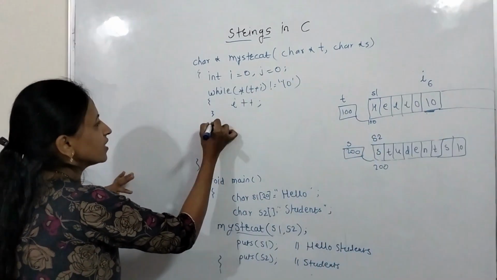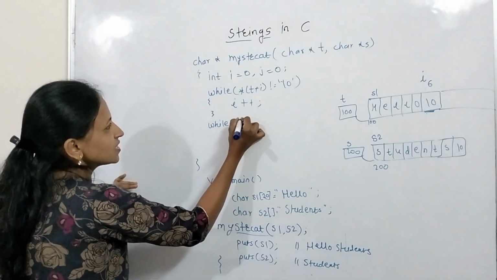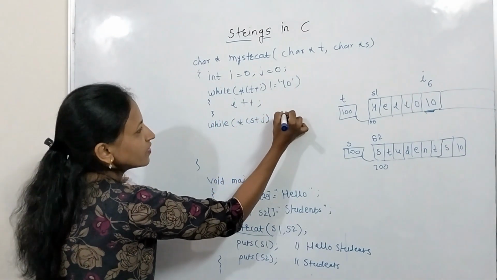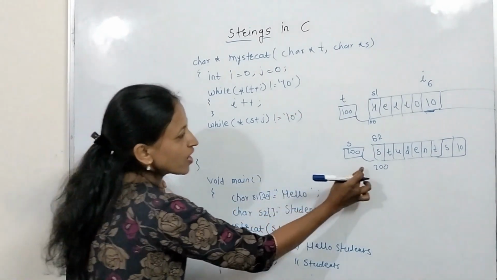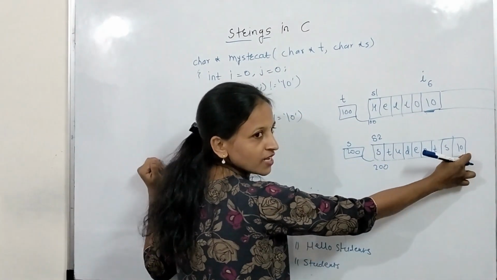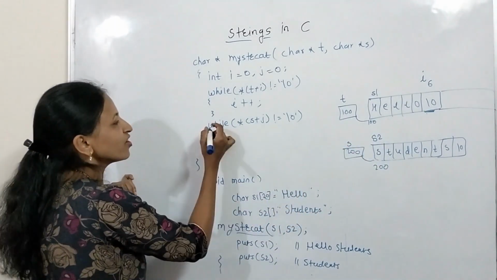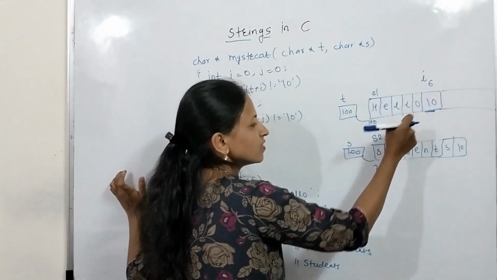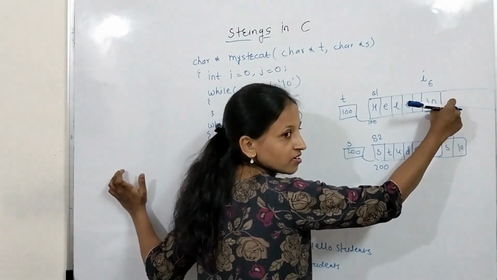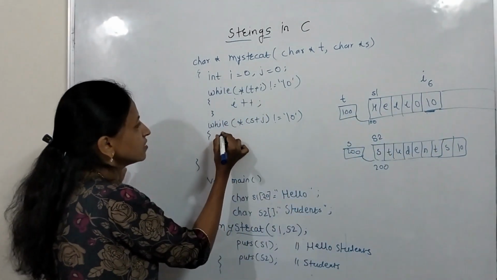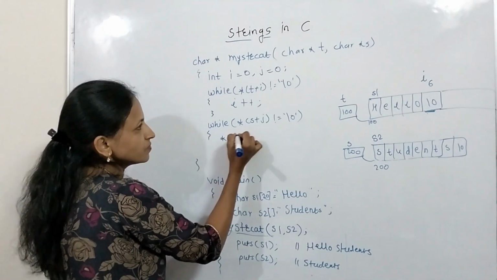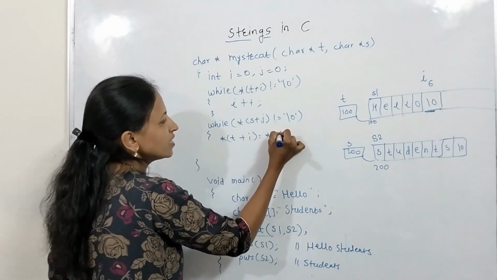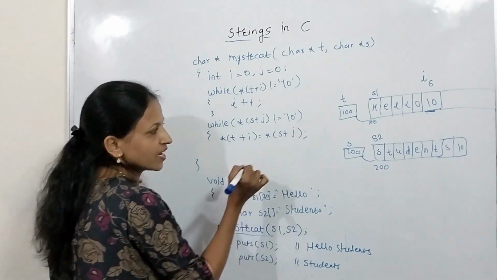See, I will write like this: while *(s+j) not equal to '\0'. Means while this character is not equal to '\0', we have to move forward, and before that we have to copy this character here, then this character here, in this way. Means what? *(t+i) equals *(s+j).